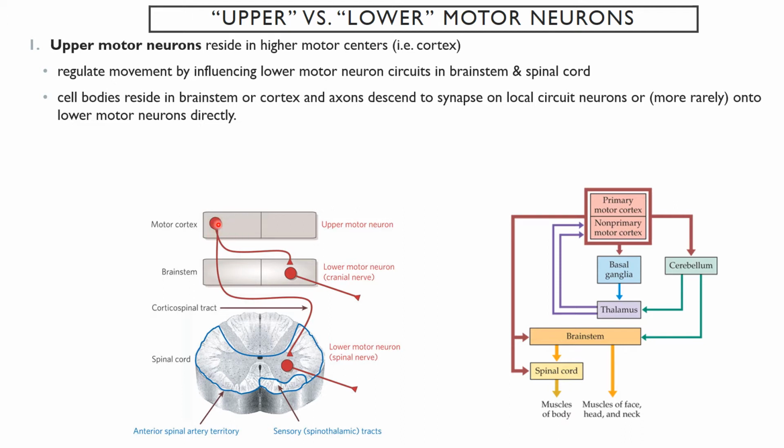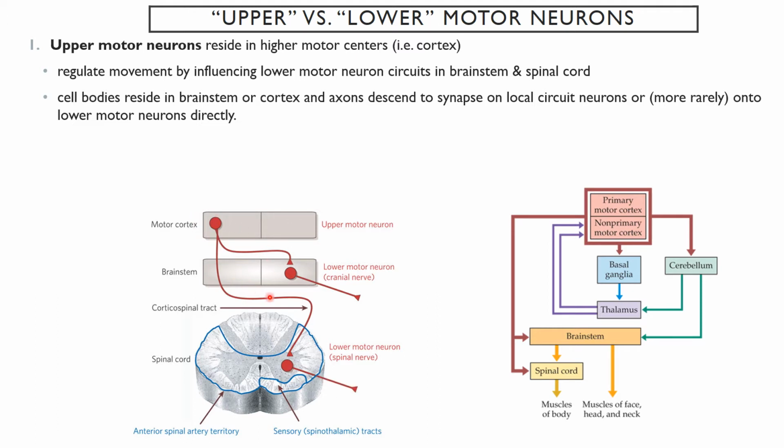So you can see that this neuron can synapse to motor neurons that, say, control muscles in the face, and it can go all the way down into the spinal cord, even down into the sacral areas of the spinal cord to control the motor units that innervate, say, muscles of the legs.